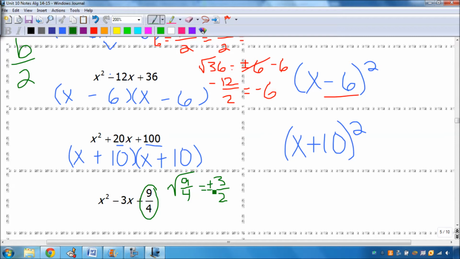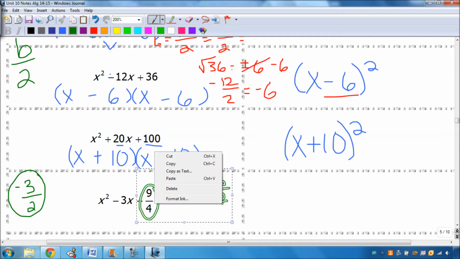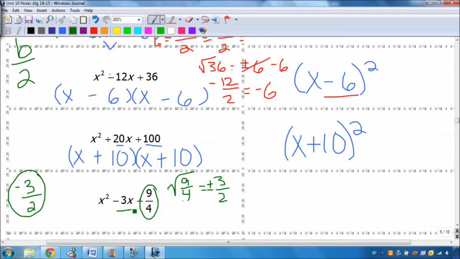Positive 3 or negative 3 over 2. Or I could take the b value, which is negative 3, and divide that by 2. So that means that the only answer I care about is negative 3 halves. So then, if I square root this number and I get negative 3 halves, and if I divide the b value in half, and I still get negative 3 halves, then it's a perfect square trinomial.